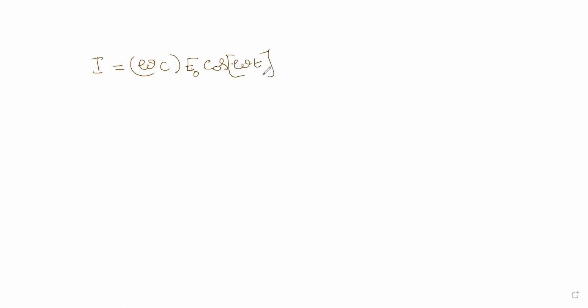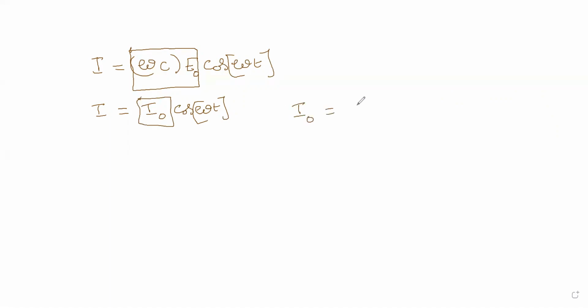Now let us compare this with the equation I = I0 cos(ωt). I'll ensure these two trigonometric functions are the same. Here you have to observe one thing: ωC E0 is nothing but I0. So I can write I0 = E0 ωC.